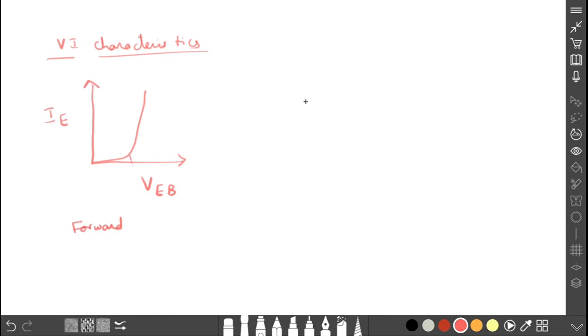The next one is for the second junction, VCB, the voltage across the collector and base. This is reverse biasing, and here the current is IC. The current increases at first, but once it reaches the IE value, it saturates.